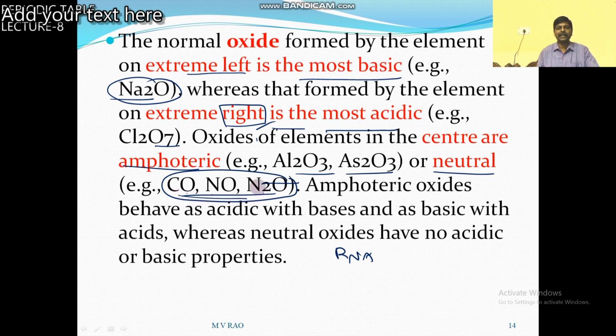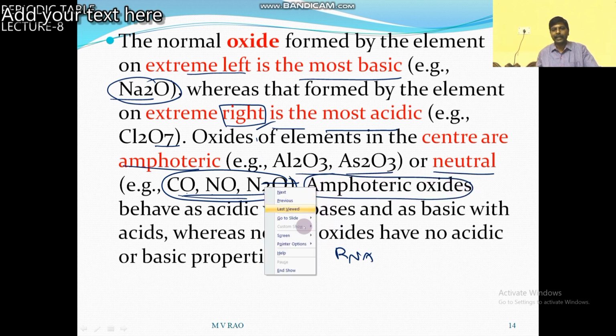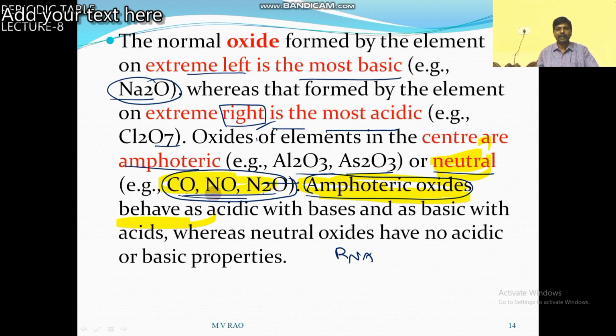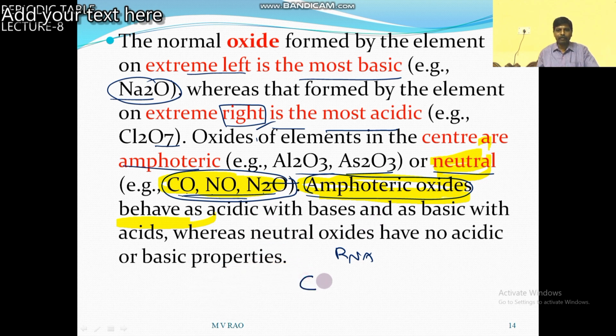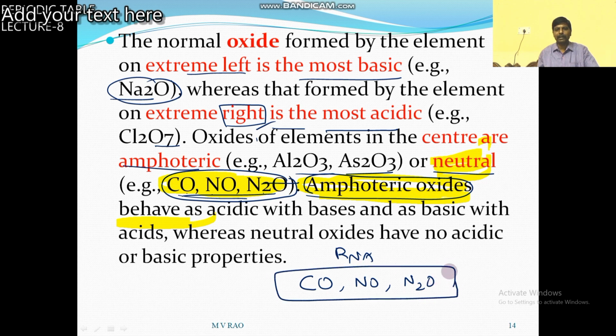Neutral oxides are neither acidic nor basic. Both acidic and basic means amphoteric. Neither acidic nor basic means neutral. Examples of neutral oxides are CO, NO and N2O, nitrous oxide and nitric oxide.